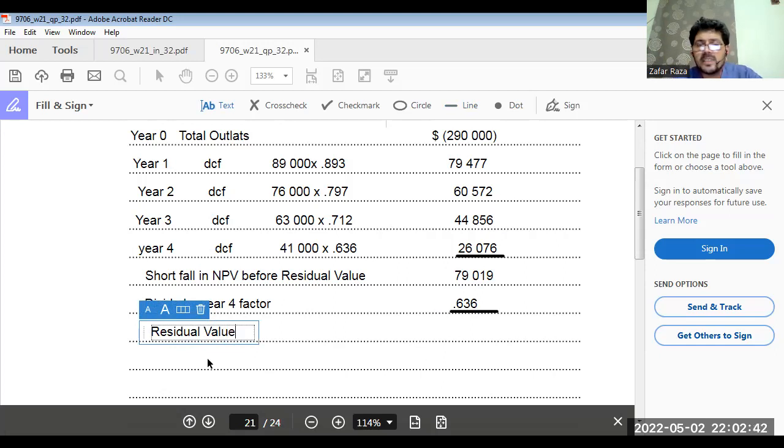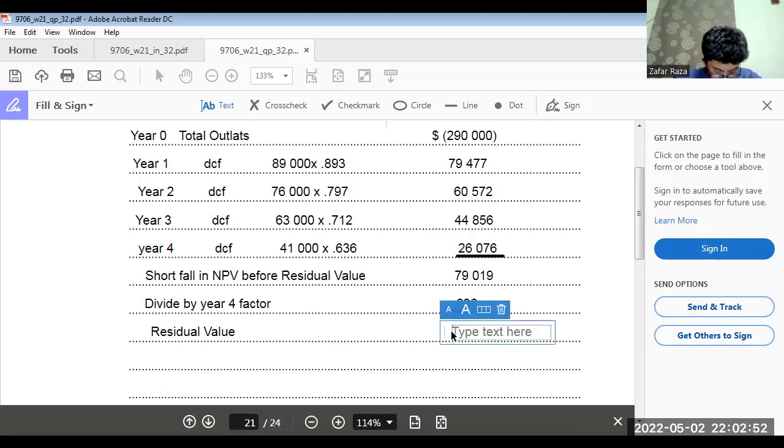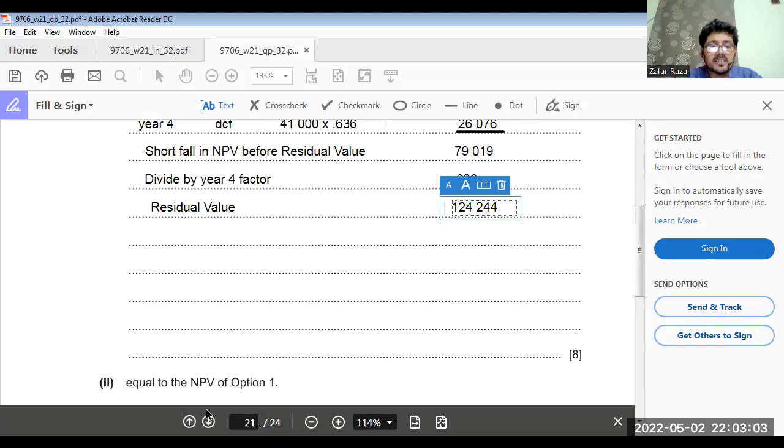We get the residual value. This is how much? 1,24,244. Residual value estimate. And we have earned 8 marks.